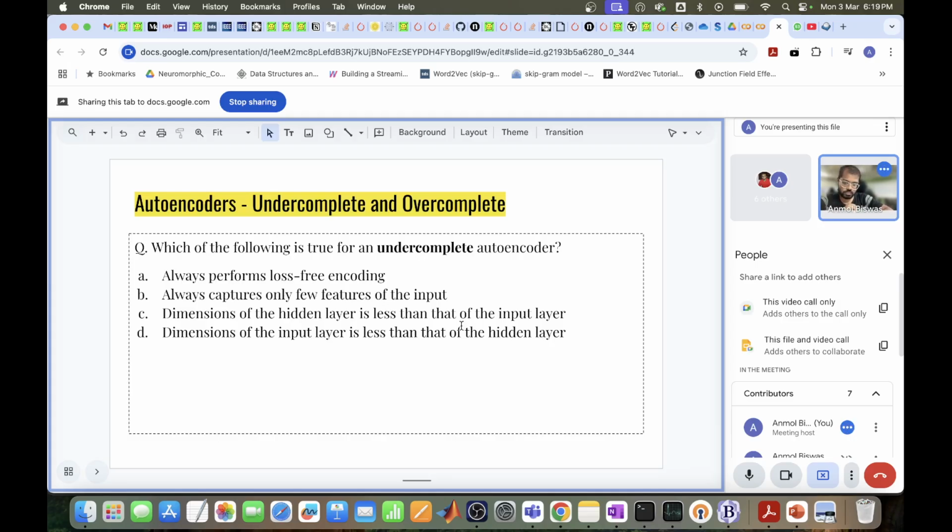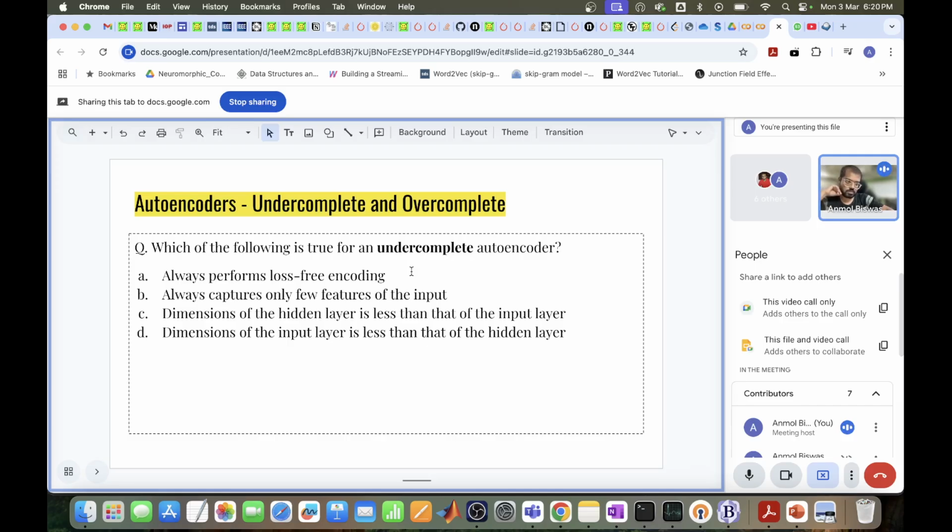A: always performs loss-free encoding. B: always captures only few features of the input. C: dimensions of the hidden layer is less than that of the input layer. D: dimensions of the input layer is less than that of the hidden layer, right? So there are four, and the question is which of these are true.